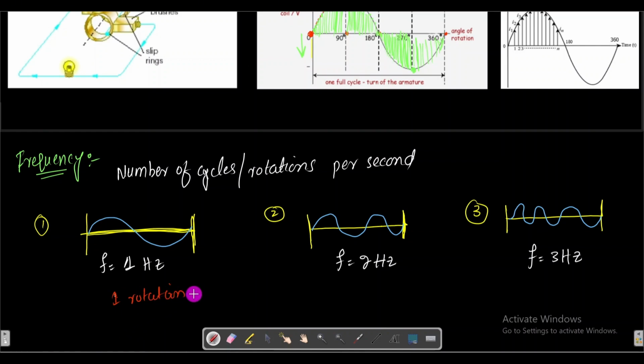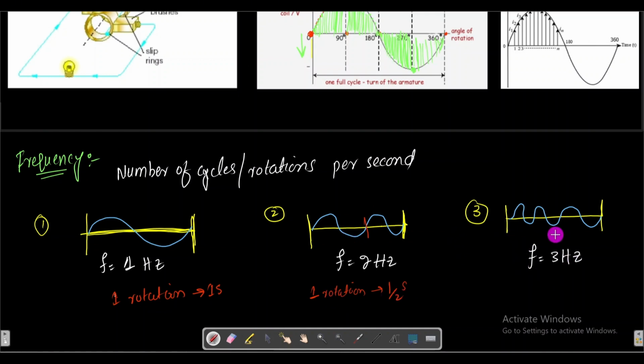In the case where the frequency is equal to 2 hertz, one cycle requires about half a second, because in 1 second there are 2 rotations, so per one rotation half a second is required.